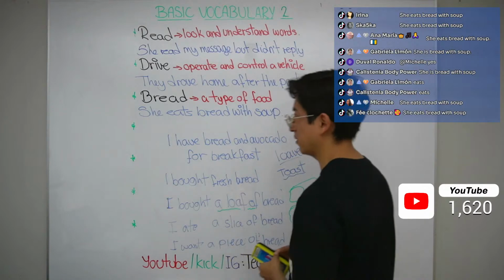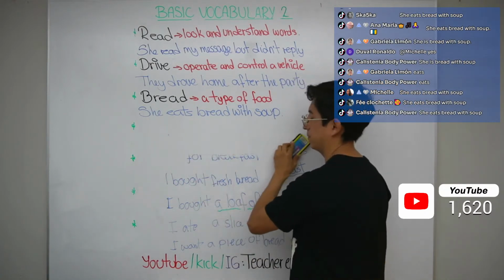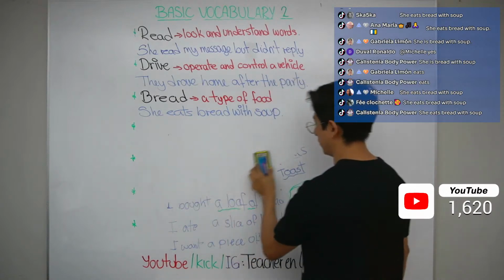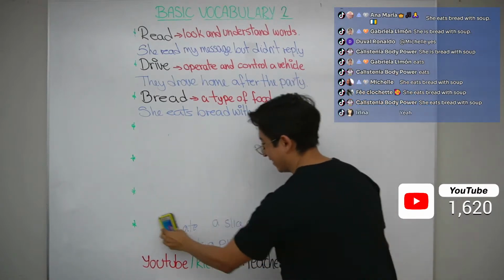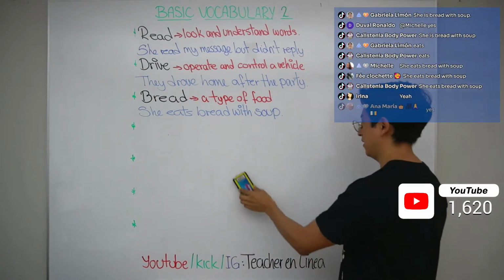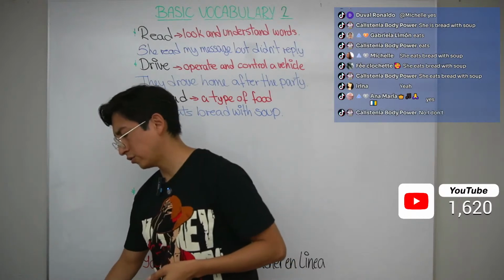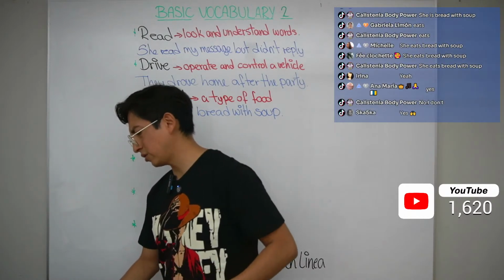Do you like to eat bread with soup, guys? Okay, she eats bread with soup. Do you like it or not? Okay. It's delicious, eh? It's delicious. I don't usually drink soup with bread, but it's delicious.